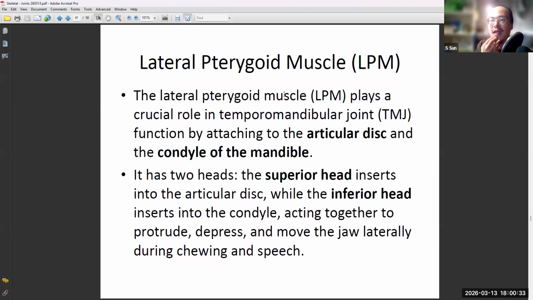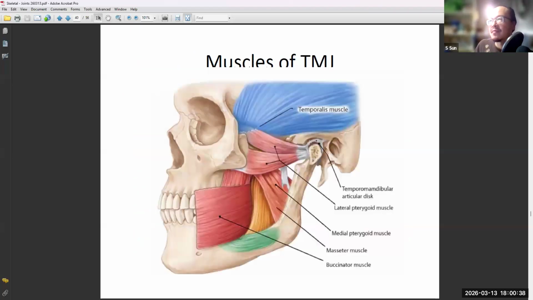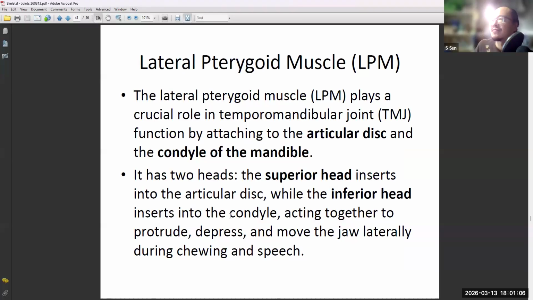The way it does it is to pull the condylar process forward, including the articular disc moving forward. You pull it away from this mandibular fossa, and then your jaw will open. So that's how they work on it.